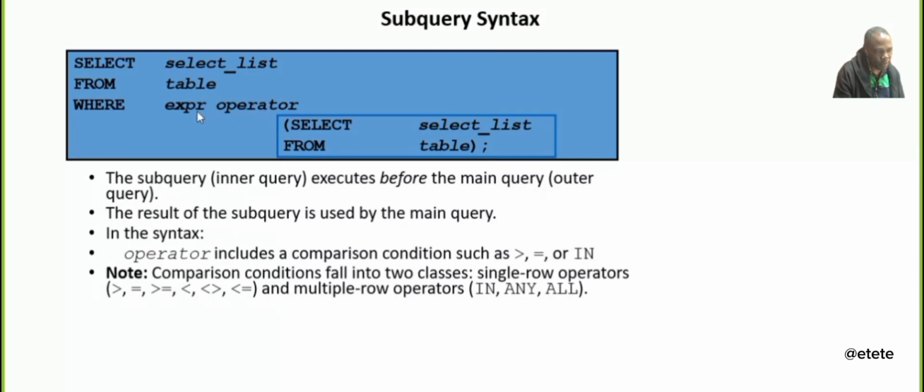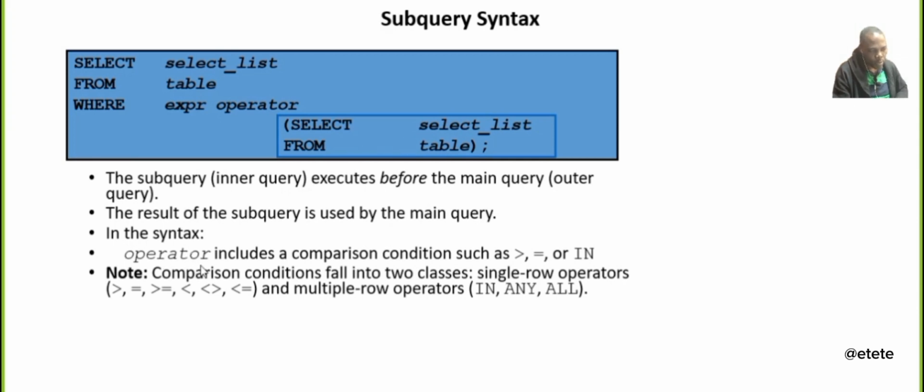So if the operator is, let's say, where salary equals to, then you now write a subquery. This one will now be select salary from table, and then you put the condition. So this one will operate first, return an answer. That answer will now be used to execute this one. That's how it works. So the result of the subquery is used by the main query. This is the main query. This is the subquery.